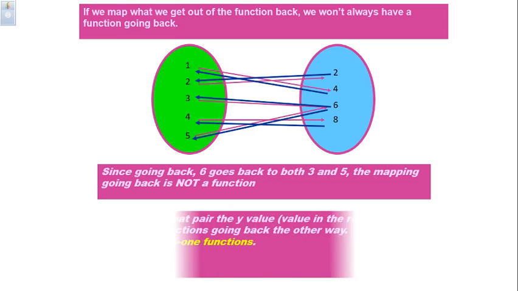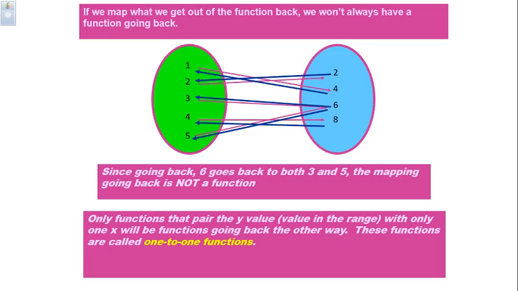There are certain types of functions that have inverses that are also functions, or we can say have inverse functions, namely one-to-one functions. A one-to-one function is a function that matches one x value to one y value, and each y value must come from only one x value.